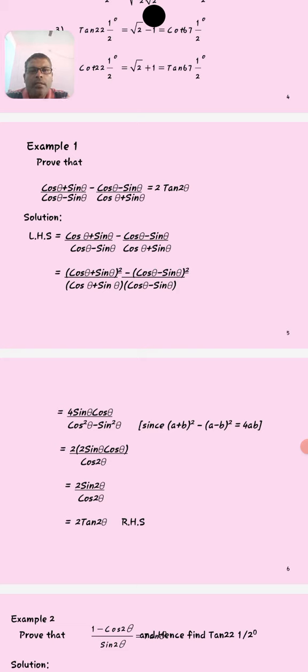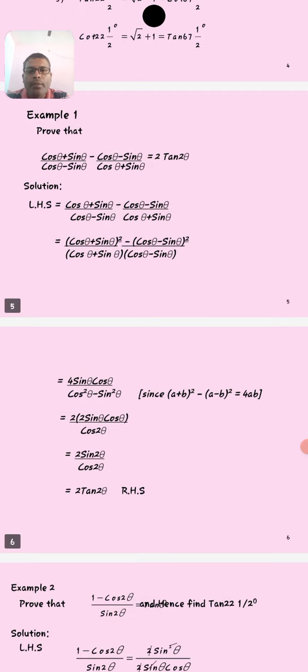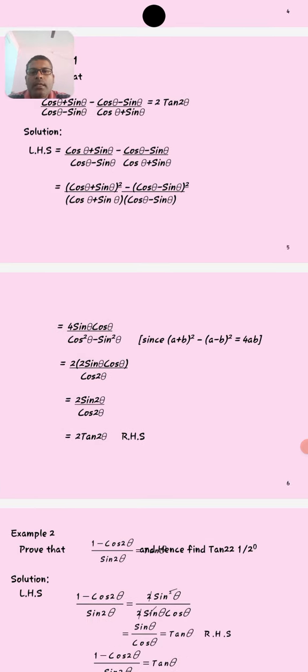Since you observe, (a plus b) whole square minus (a minus b) whole square is equal to what? 4ab. Now in this part we take 2 outside: 2 into 2 sin theta cos theta divided by cos square theta minus sin square theta, which is equal to cos 2 theta.